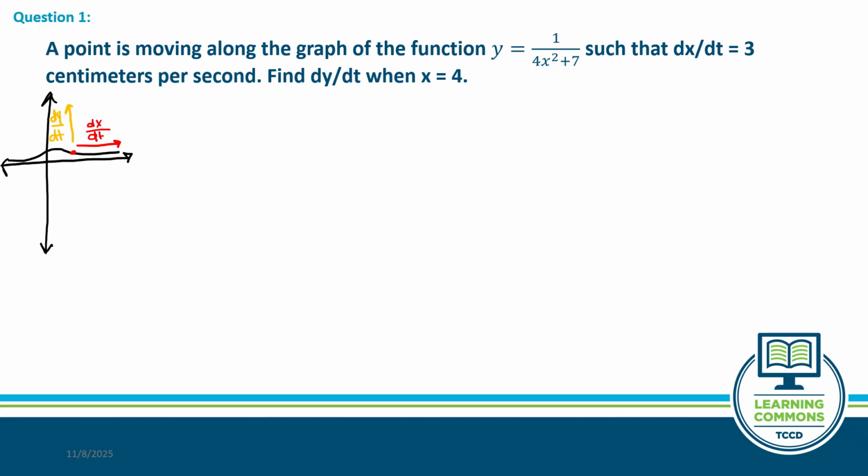Let's go ahead and write down our givens and what we need to find. Again, I always suggest doing stuff like this simply so your problem is a little bit easier for you to parse through. So given, I'm given the function, I'm given dx/dt, which is 3 centimeters per second. I'm looking for dy/dt, so I don't know the answer to that. And I'm also given x equals 4. So let's go ahead and start setting this up.